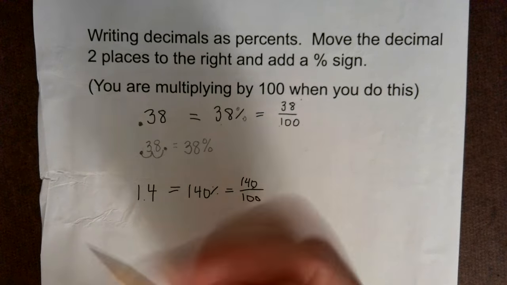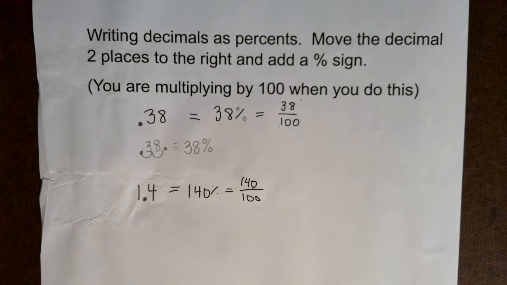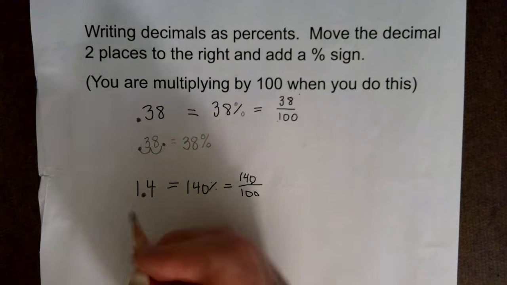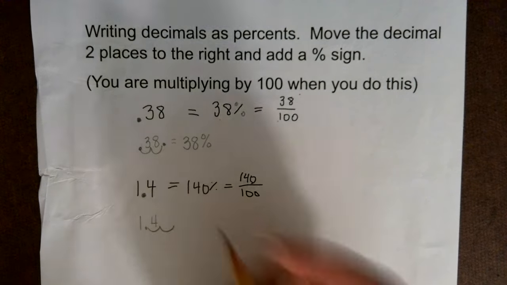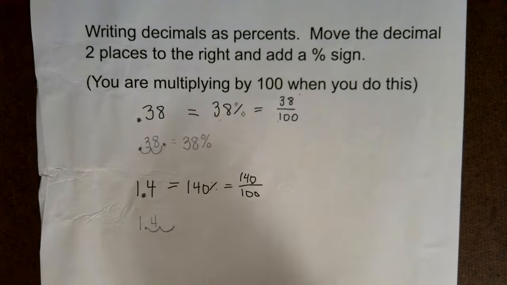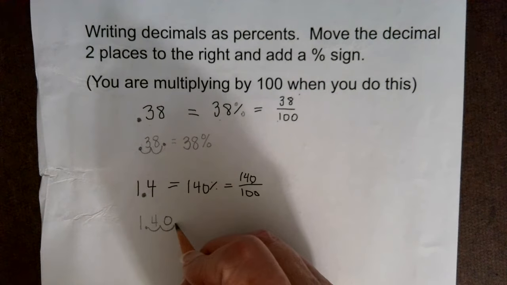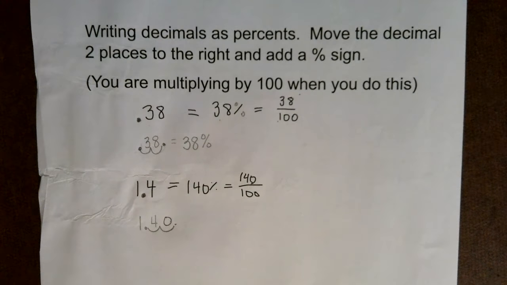So in this one, we have 1 4/10. If I wanted to change this to a percent, I take that decimal point and I move it 2 places to the right. I have to add a 0 because when I move it here, it's going to need that 0 to hold that place.